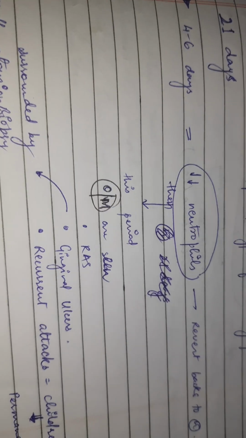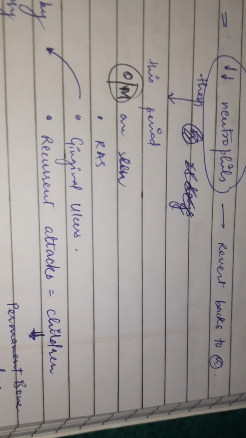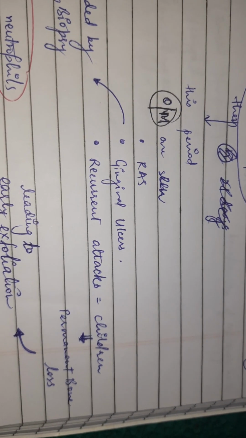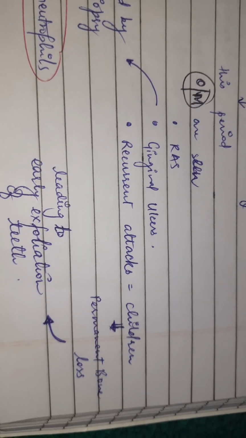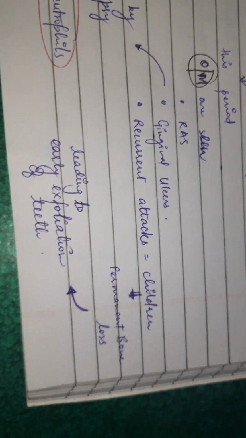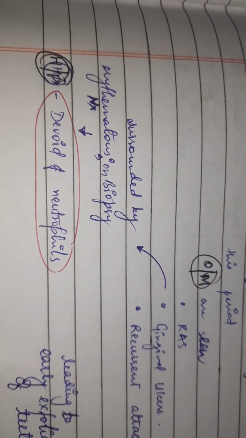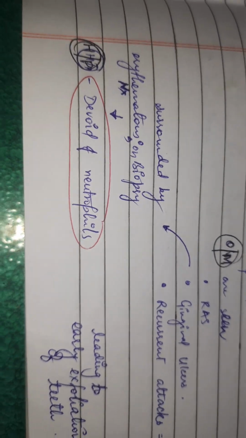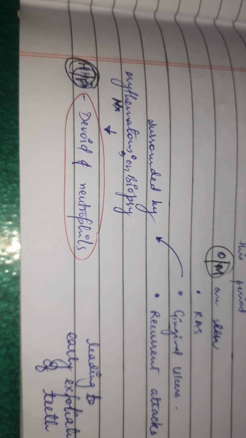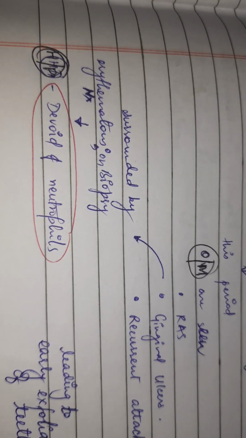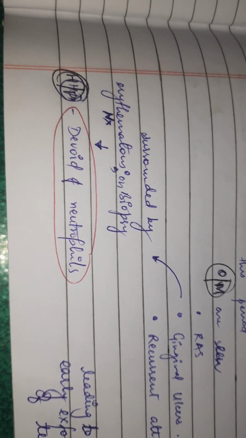Now oral manifestations are seen like recurrent aphthous stomatitis and gingival ulcers, with recurrent attacks, especially in children. First we see gingival ulcers surrounded by edematous necrosis; on biopsy, they are devoid of neutrophils.